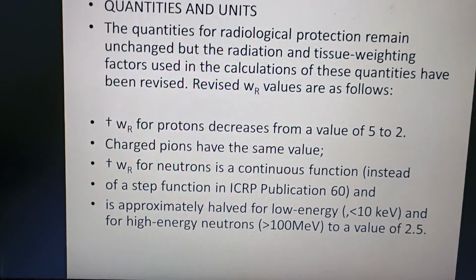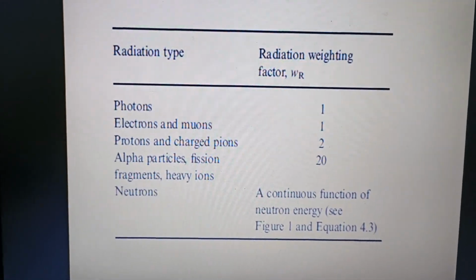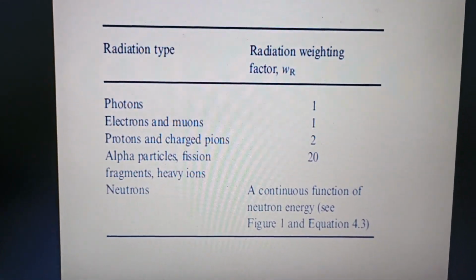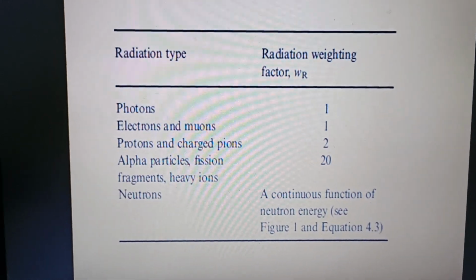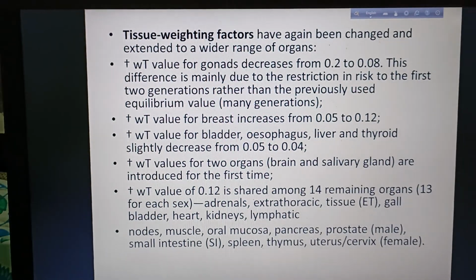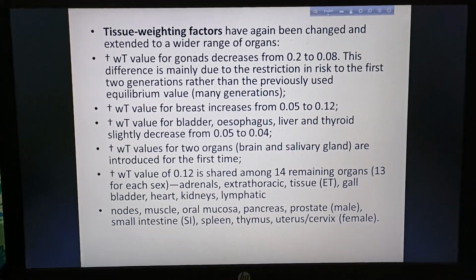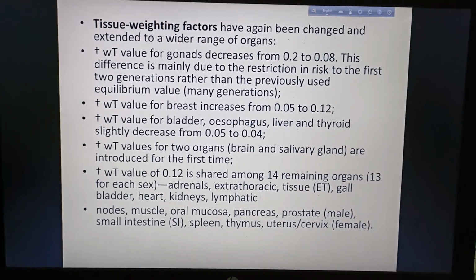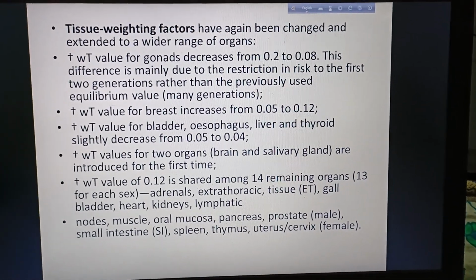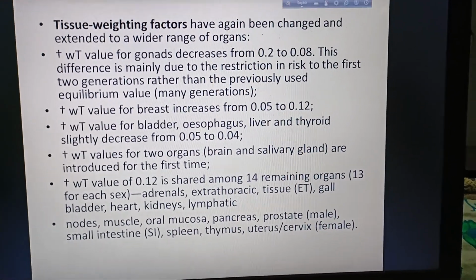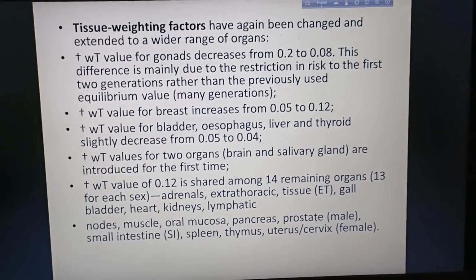Okay. And radiation weighting factor for photons 1, electrons and muons 2, etc. Tissue weighting factors have again been changed and extended to a wider range of organs. This is the tissue weighting factor.